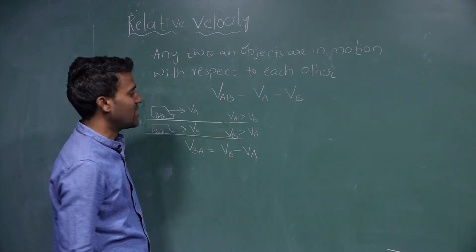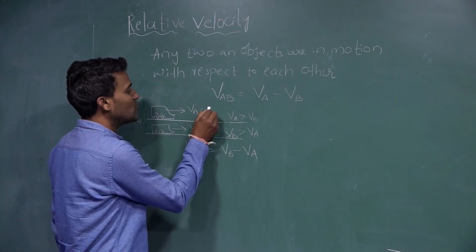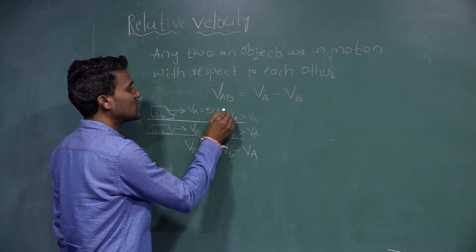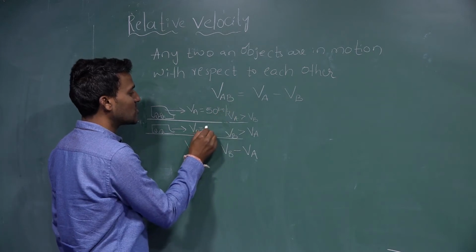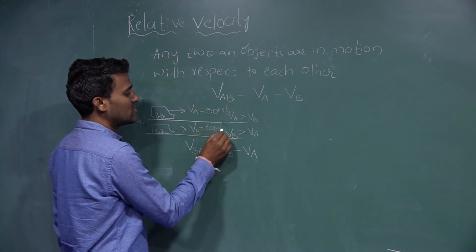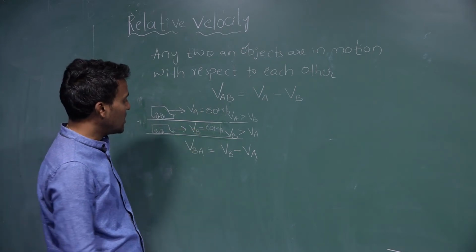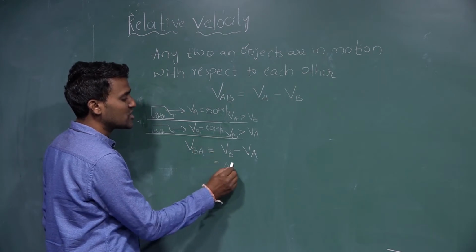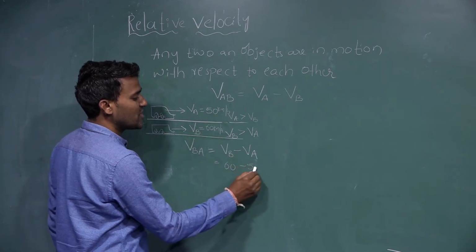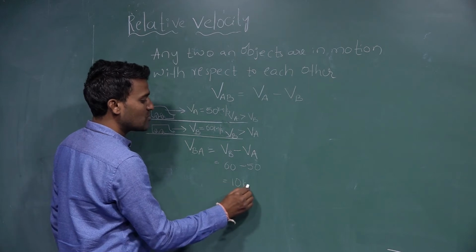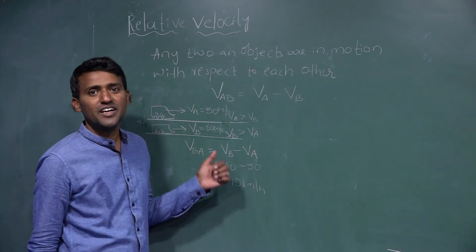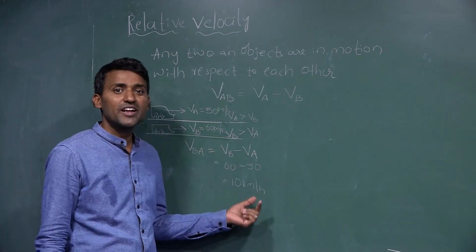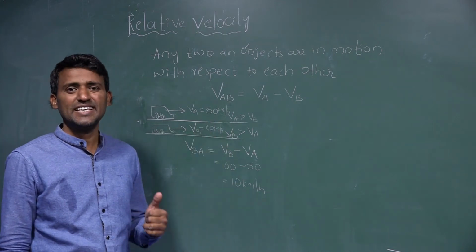VA is equal to 50 kilometer per hour, VB is equal to 60 kilometer per hour. Now, velocity of B with respect to A means 60 minus 50, that you can write as 10 kilometer per hour. So the velocity of car B is 10 kilometer per hour greater than the velocity of car A, isn't it?